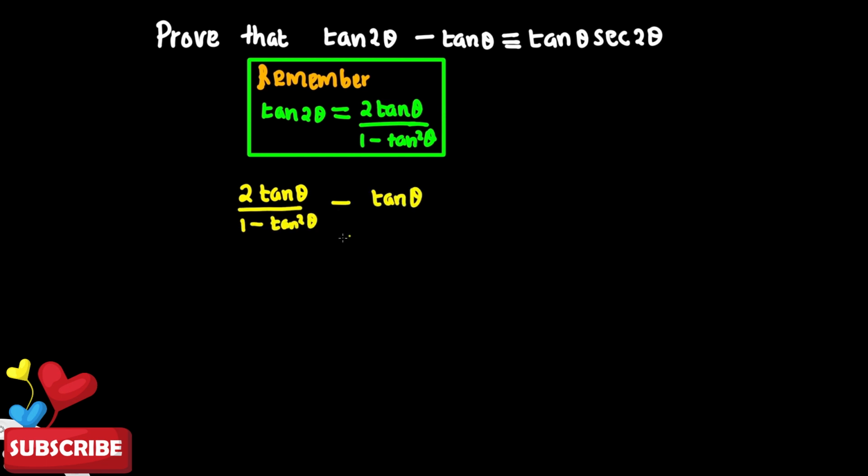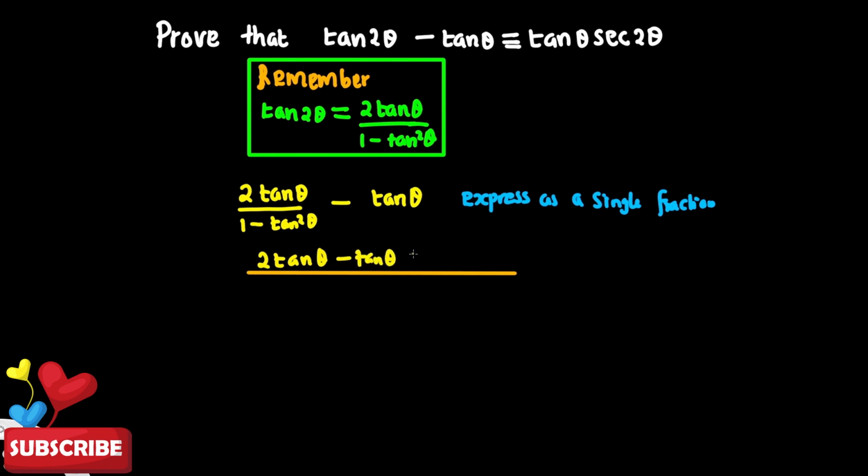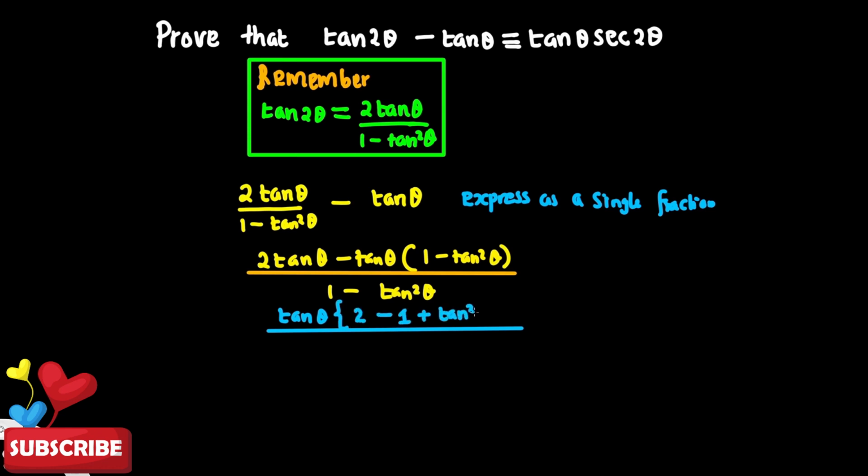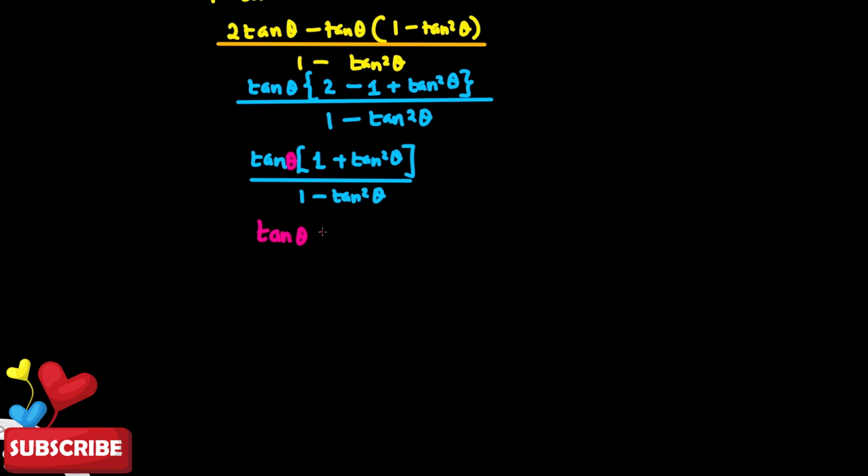So we can express that as follows, and then express it as a single fraction, and the LCM in this case is going to be 1 minus tan squared theta, which will mean that we can simplify this further. Let's see what we're going to do at this particular point, which will mean that tan theta is the same as sine theta over cos theta.